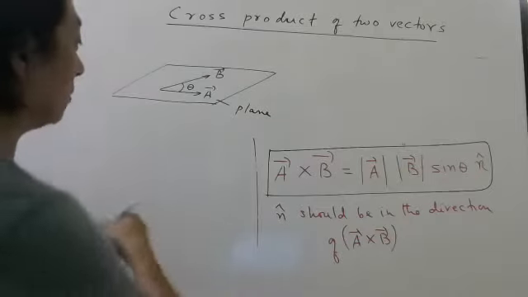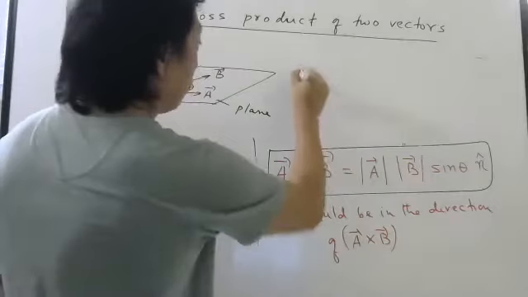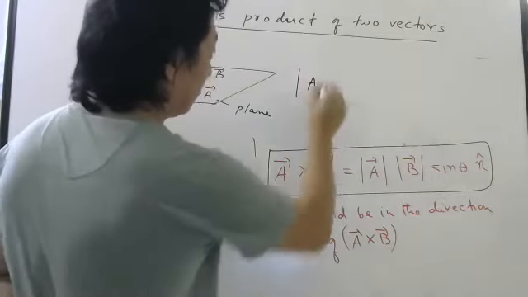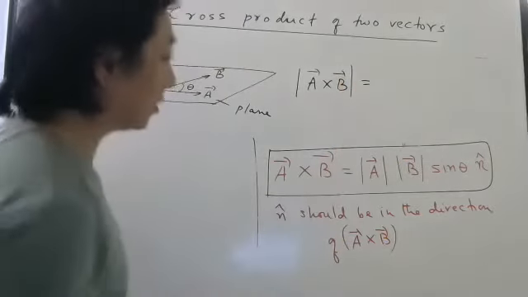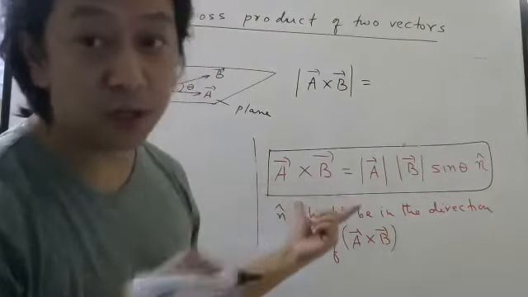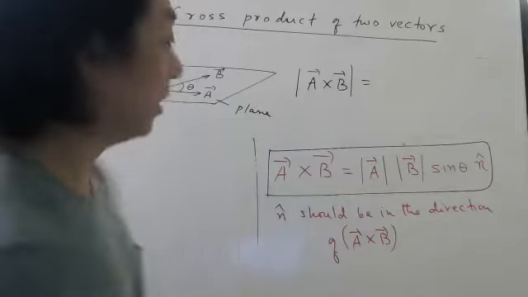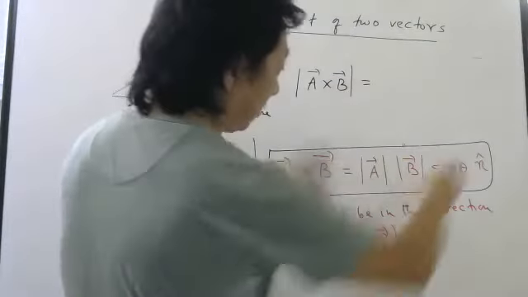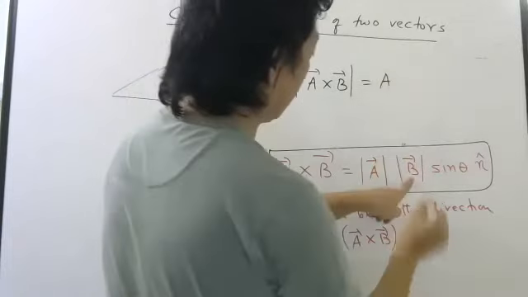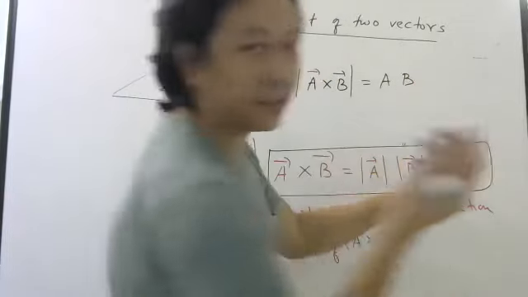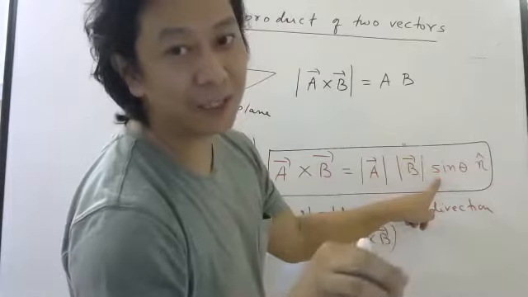Okay. Now, let us ask what will be the magnitude of this side. Only magnitude, because this is a vector, remember. The cross product of two vectors is a vector. So if you take magnitude on both sides, this will be A, this will be B. Sin theta is a number, and for a number, if you take the magnitude, the same number will come.